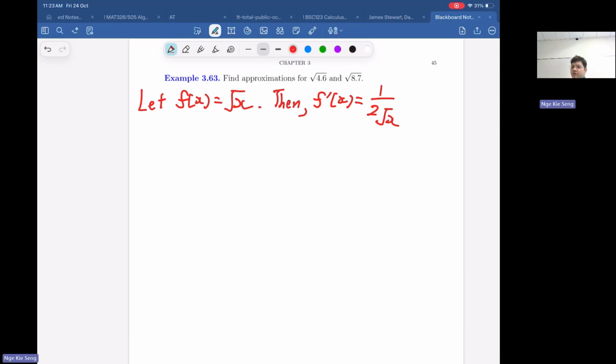Where should you consider if you want to find square root 4.6? Which point that you know how to do square root of is close to 4.6? 4, okay. So let's consider linearization at 4.